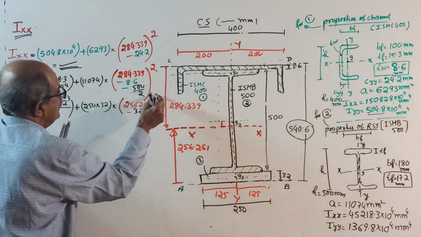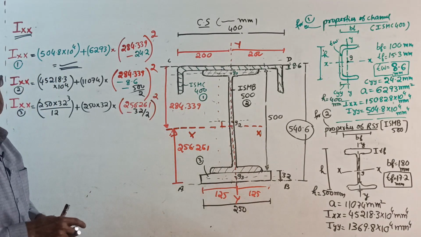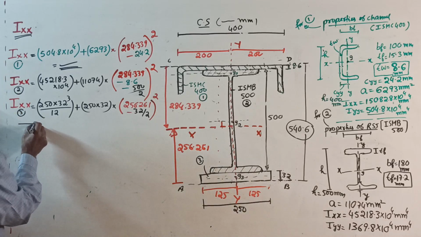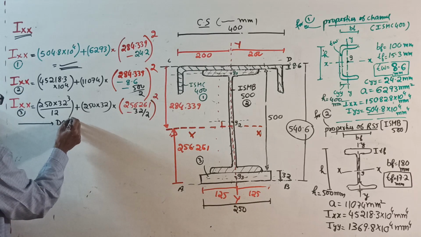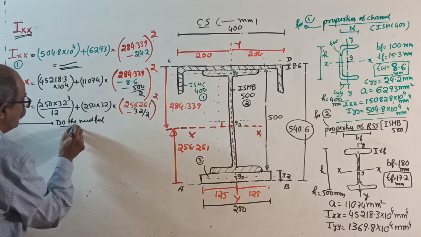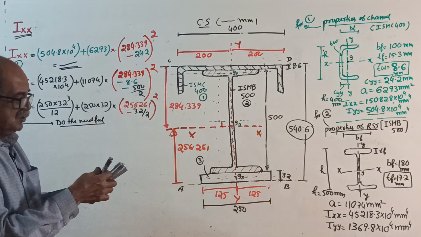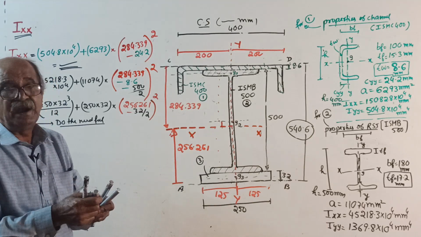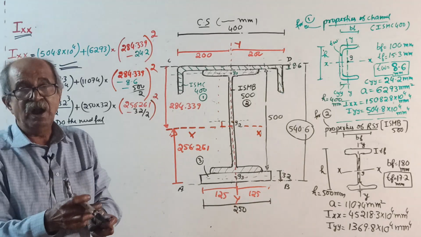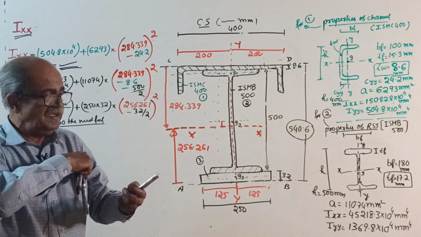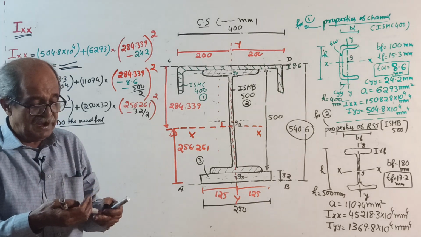If this is not clear, your complete studying from my class is a waste of time. Okay, over. Now, do the needful. What is the needful? If somebody asks, I will say nothing. If someone has a doubt, sir, what is that needful you have to do? Nothing. You have to stop studying from my class. Sorry, by mistake I said the needful.